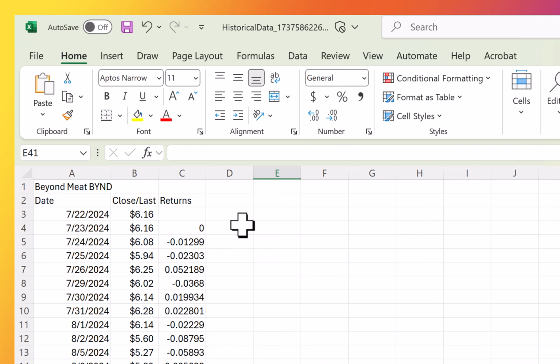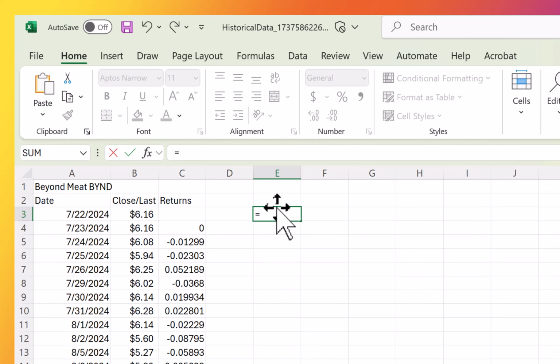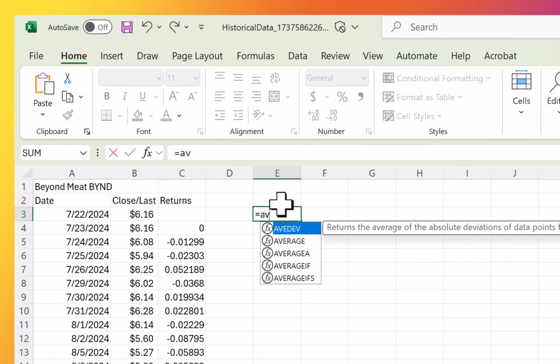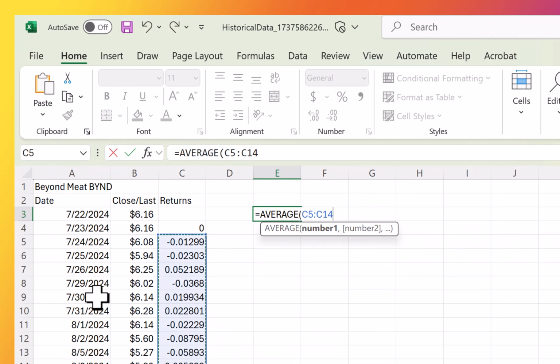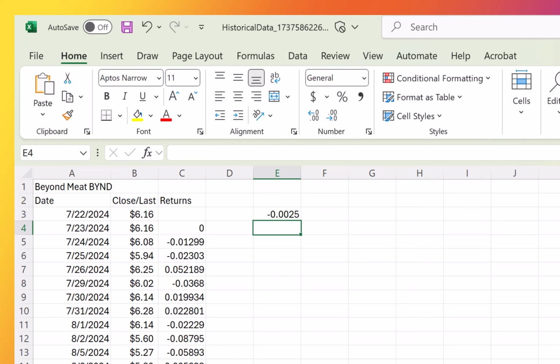So to get the drift, first I need the expected return, I mean the average return. So I'm just going to take the average of all of these returns. Average return is negative. No surprise, it was dropping down. That's the average daily return. If I want to express it as the drift, then I want to multiply it not by the number of data points I have, but the number of data points there would be in a year.